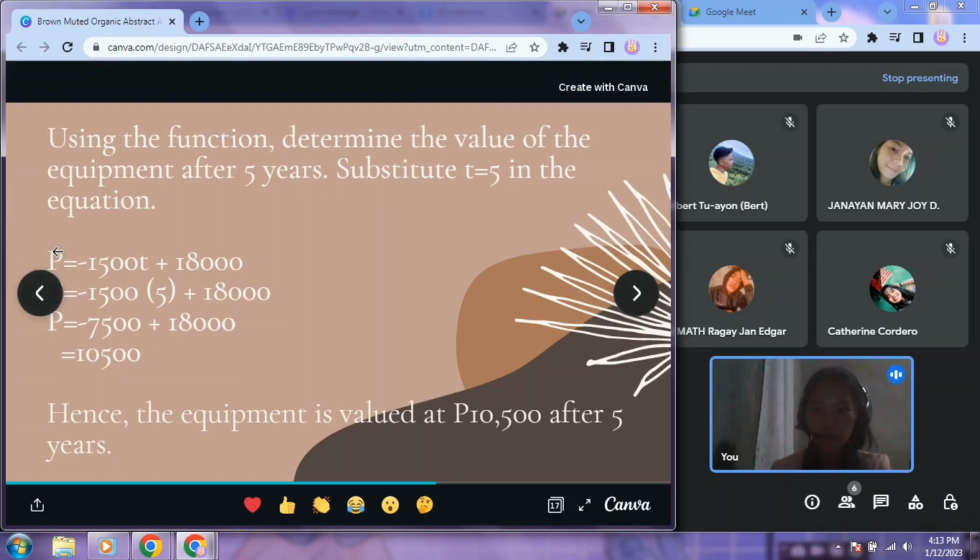P equals negative 1,500 times 5 plus 18,000. Then P equals negative 7,500 plus 18,000.